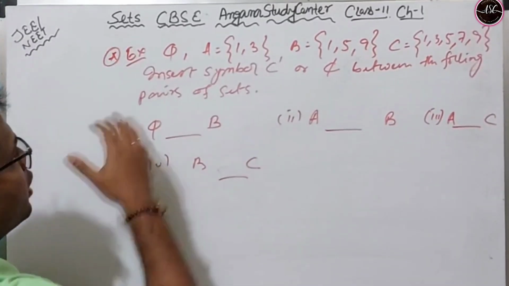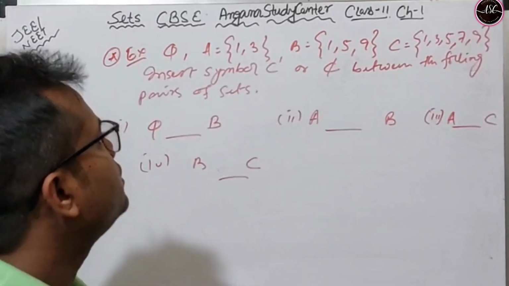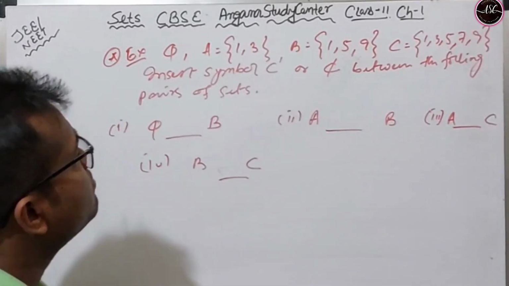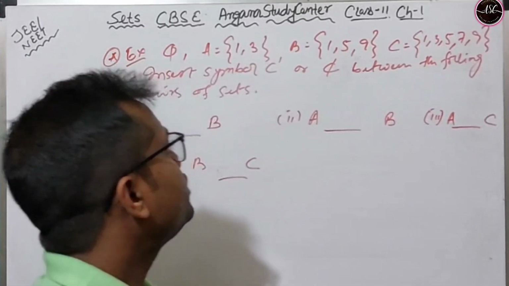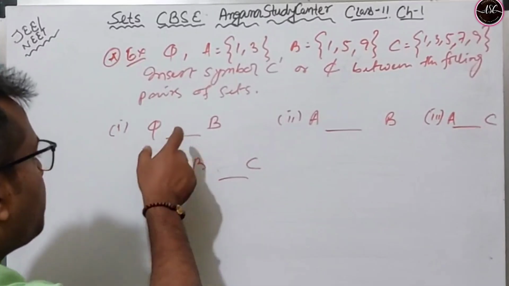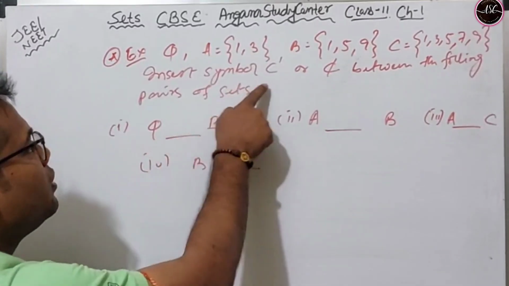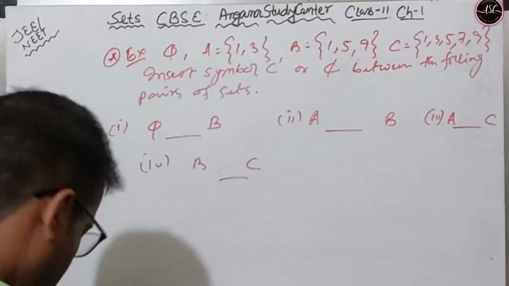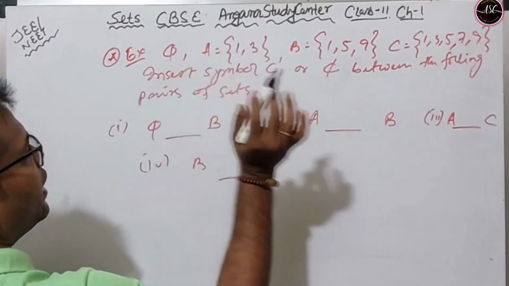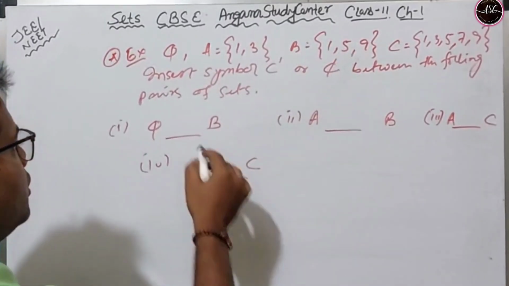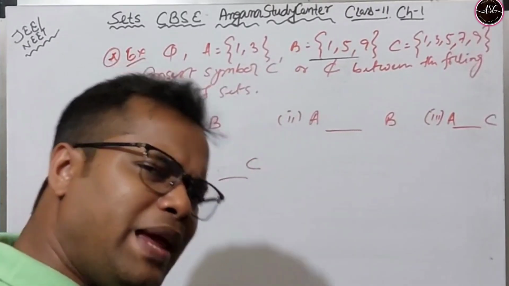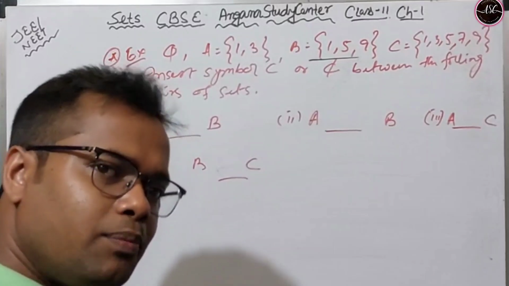Look at this question. There are four sets, and it says insert the symbol subset or not subset between the following pairs of sets. So we have to fill the blanks with these symbols. Look at the first: phi and B. Phi is a subset of any set, as we have learned previously.